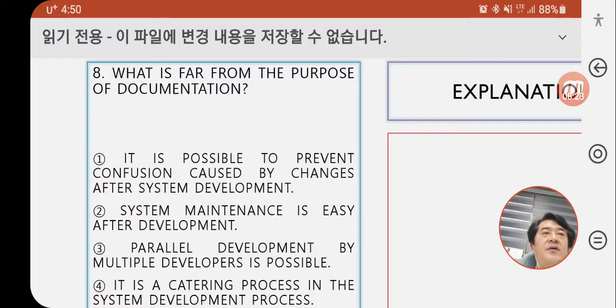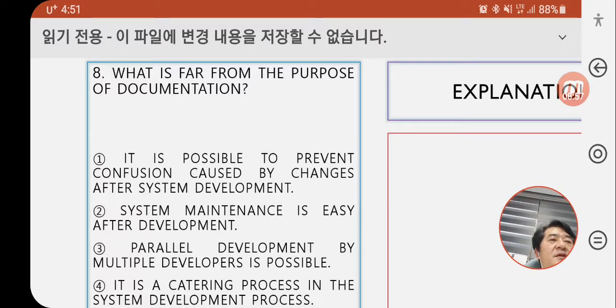Question 8. What is far from the purpose of documentation? Number 1, it is possible to prevent confusion caused by changes after system development. Number 2, system maintenance is easy after development. Number 3, parallel development by multiple developers is possible.